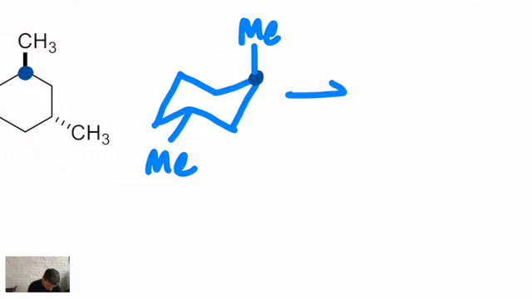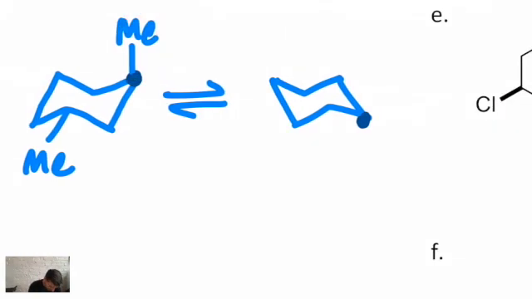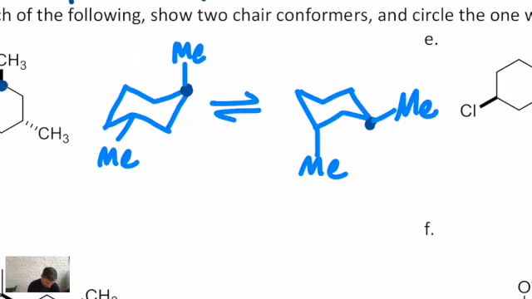And then let's draw a ring flip of this, draw a pair of equilibrium arrows, draw a new chair slanted in the other direction. I'll do the same thing, I'll highlight this carbon, I'll say that it turns into this carbon over here. My up axial methyl is now up and equatorial. And then work my way around two carbons, I get to this position where I did have a down equatorial methyl, it's now down and axial.